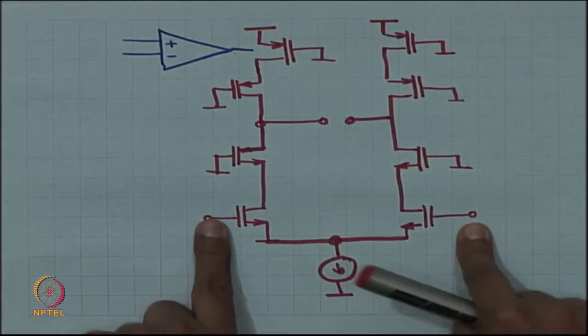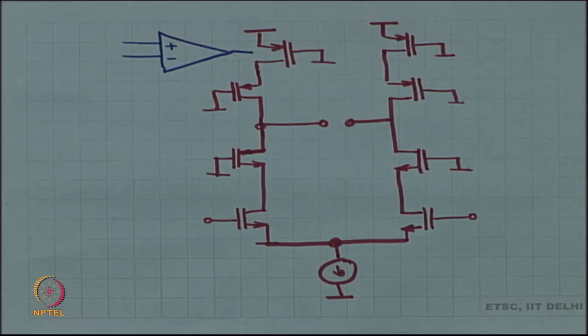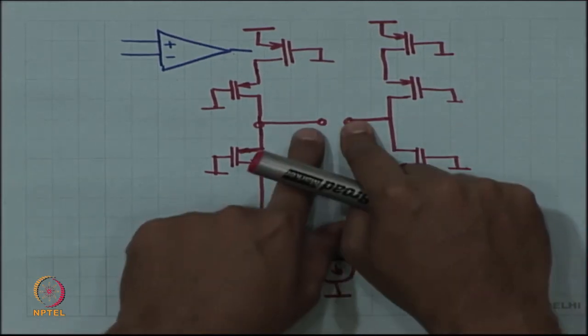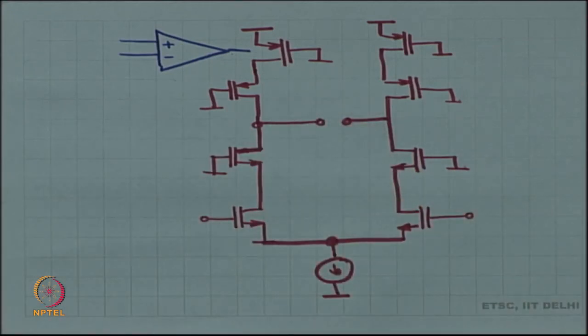And now I will apply a differential input signal, common mode input signal. The differential input will be amplified, the common mode input will be suppressed, right, and all of this is going to happen exactly the same way as before.